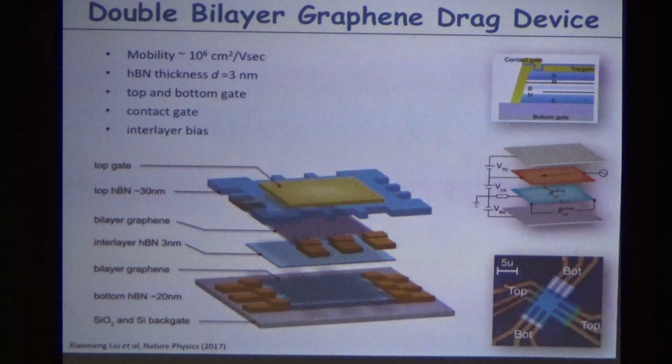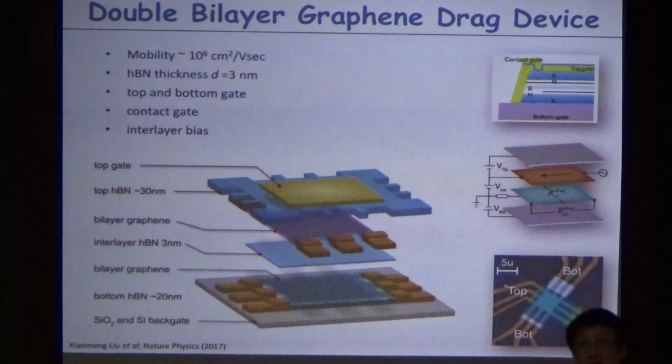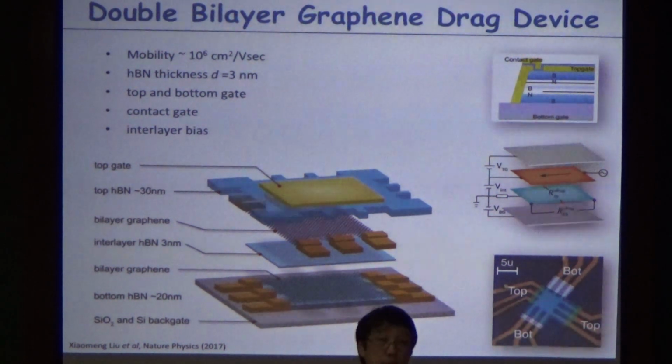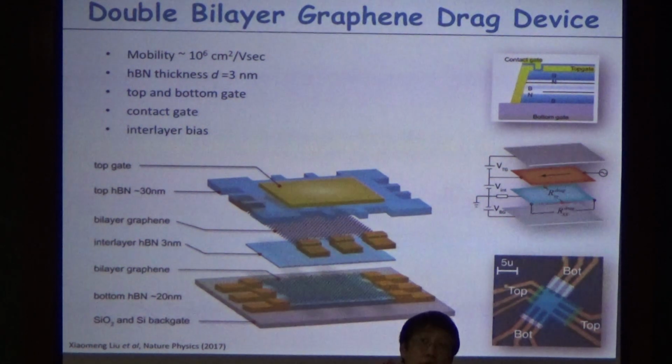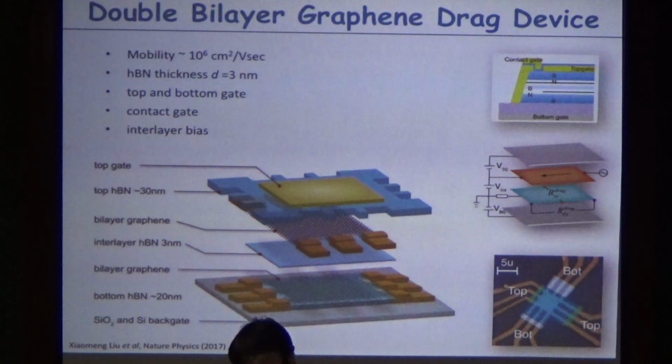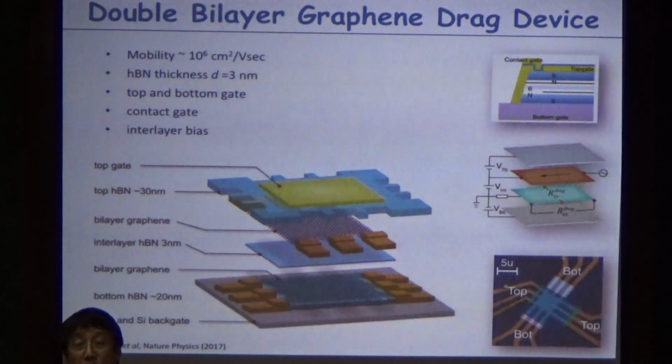But we can put the gate everywhere, and we can use graphene, which means it can be electrons or holes depending on the gate voltages, and the quality is high enough now. Furthermore, you can put two graphene layers very close by, because hexagonal boron nitride, which I can separate, can be as thin as 1 nanometer or even thinner.